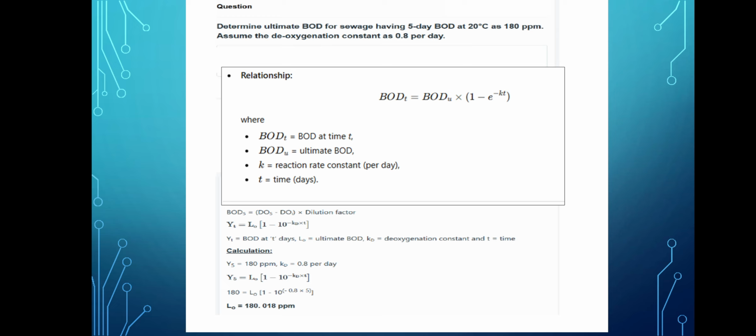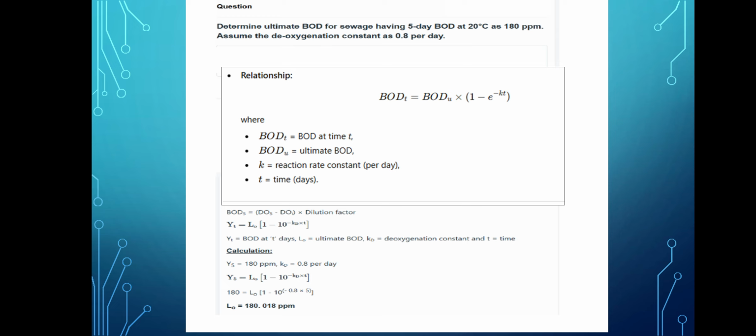So putting all the values in the formula, we get 180 equals L0 into 1 minus 10 to the power minus 0.8 into 5. By calculating, L0 will be 180.018 ppm or 180 milligram per liter.